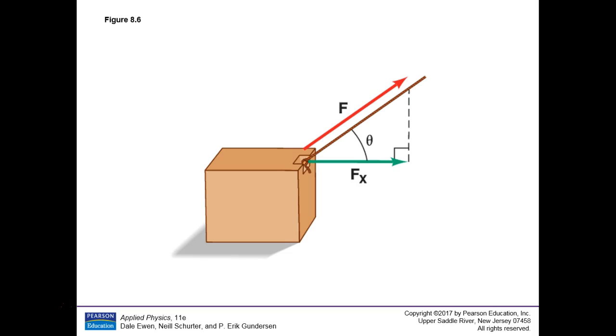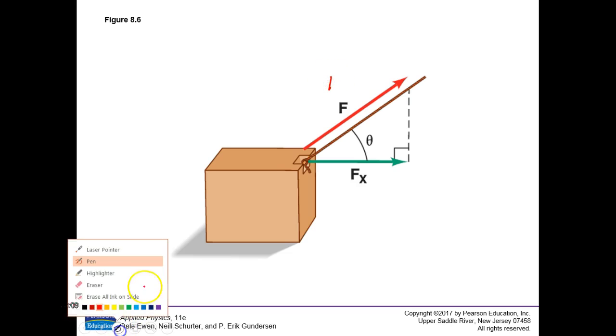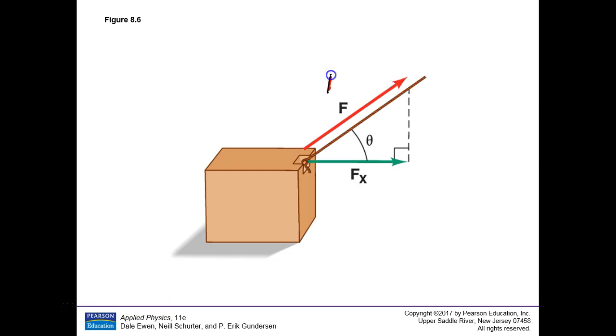This side over here is not part of the angle, so it's called the opposite side. So this is the hypotenuse, this is the opposite, and this is the adjacent.